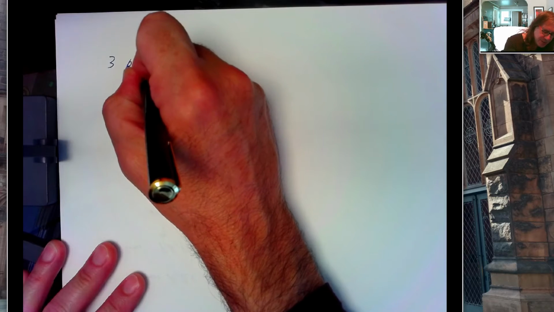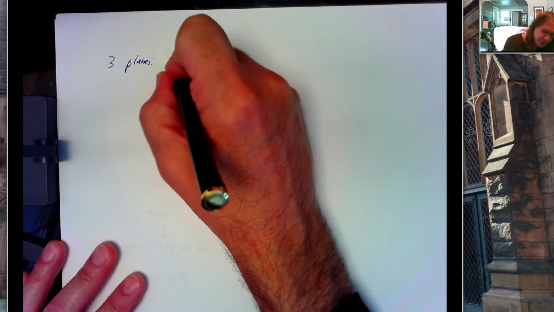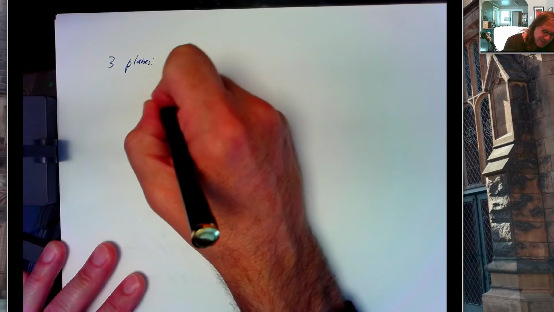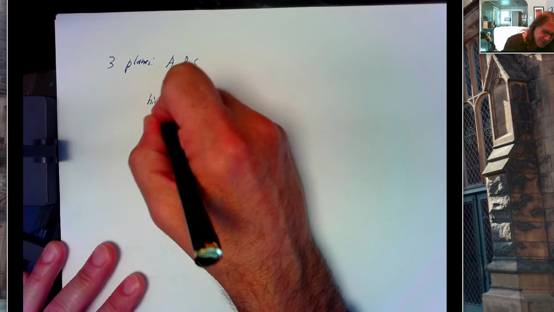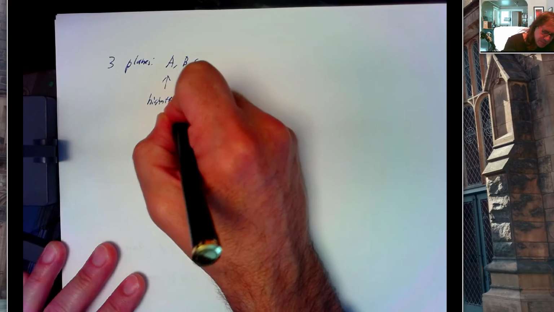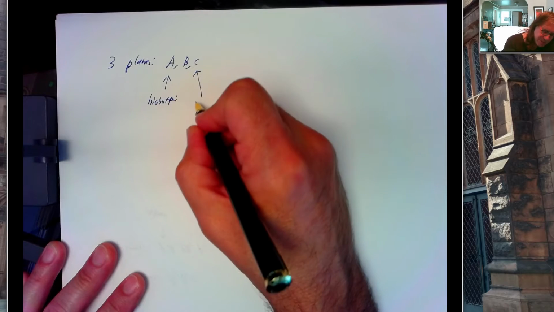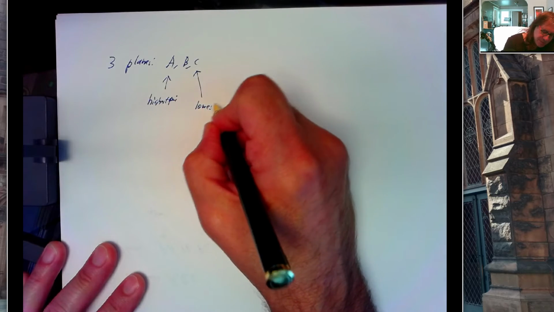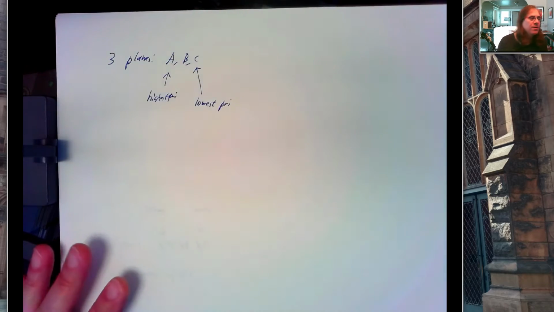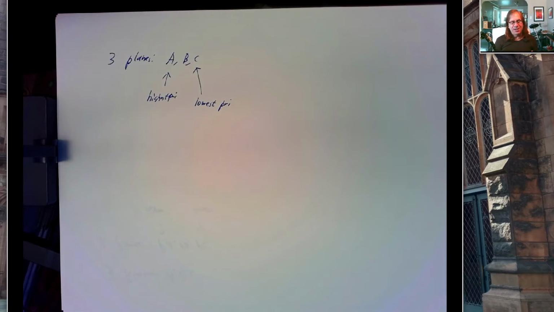We have three planes. We're going to call them A, B, and C. And plane A has the highest priority. Plane B is in the middle, and plane C is the lowest priority. And at any given point, any or all of these planes can be asking for permission to land, and we're going to give permission to exactly one plane.